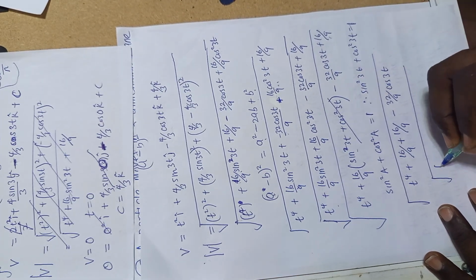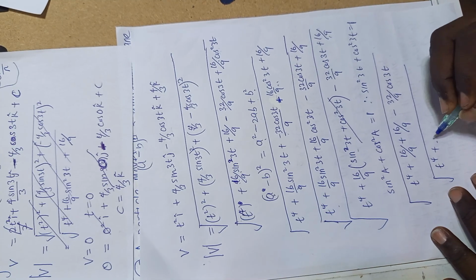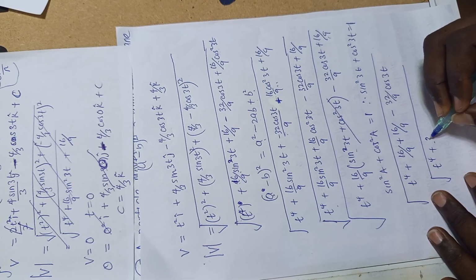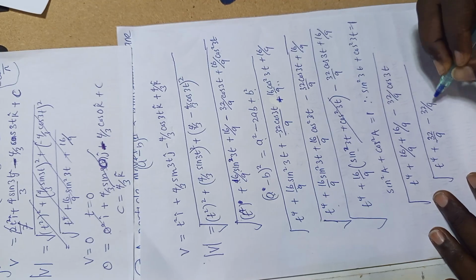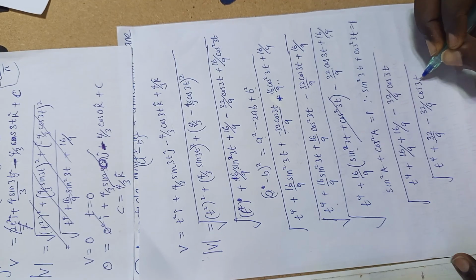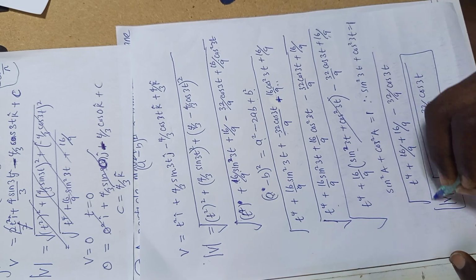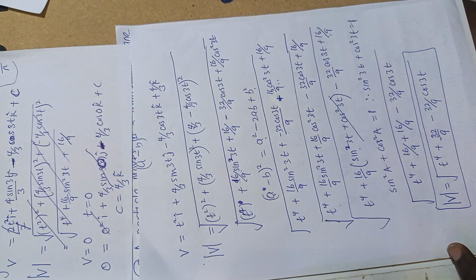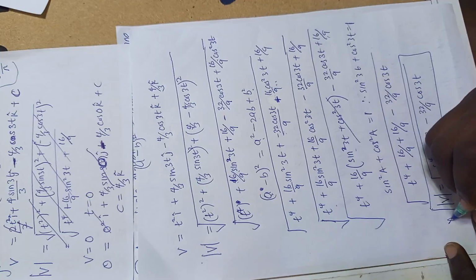If you finalize your answer, you have t to the power 4 plus, LCM is 9, then 16 plus 16 is 32 over 9 minus 32 over 9 cos 3t, equal to the magnitude of the velocity. So this one will be our answer. Please take note of that.